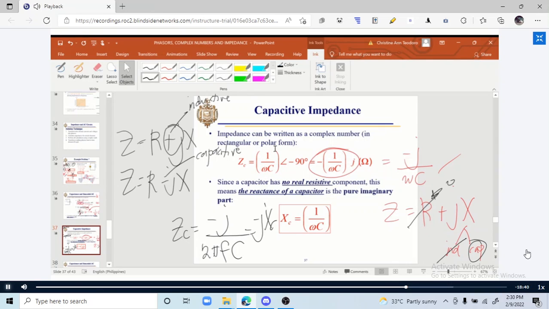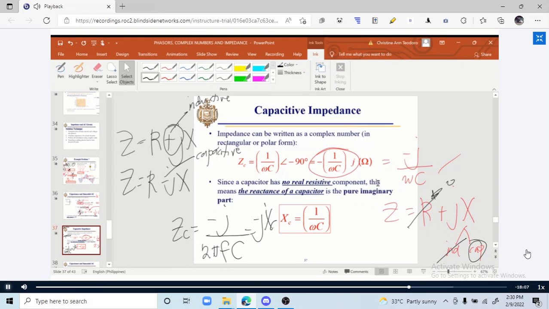So we can also say that our ZC is equal to 1 over omega C angle negative 90 in polar format, and in rectangular format it is equal to negative J over omega C. Since a capacitor has no real resistive part, just like an inductor, the reactance of the capacitor is a pure imaginary part.